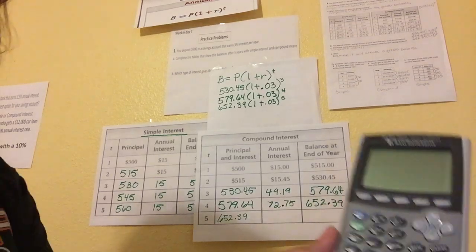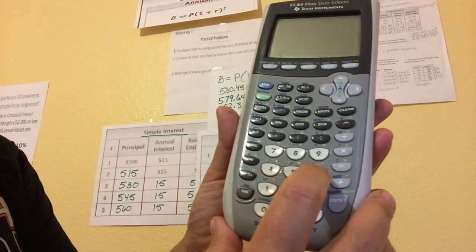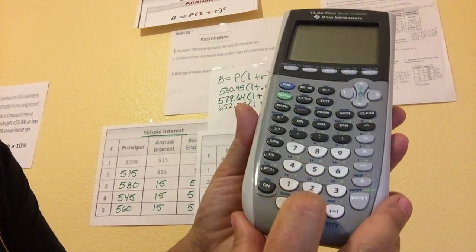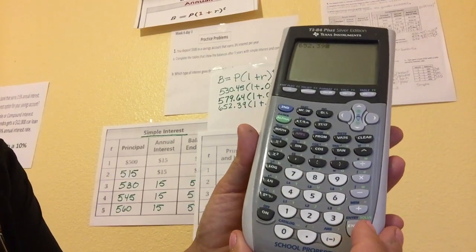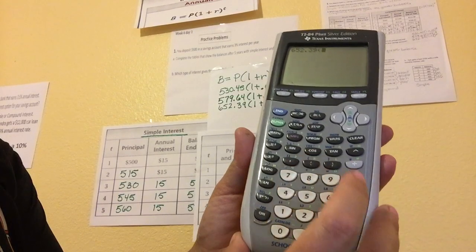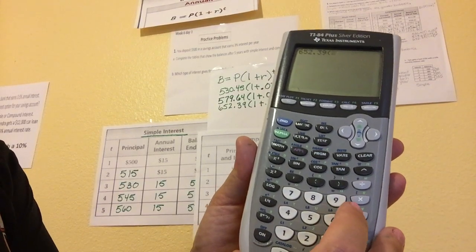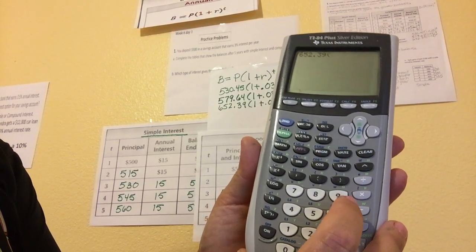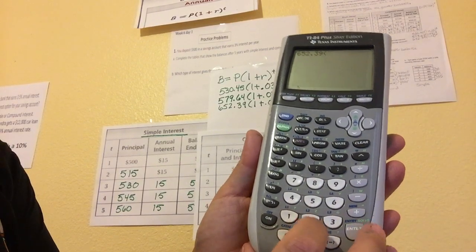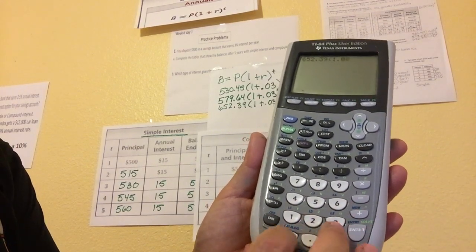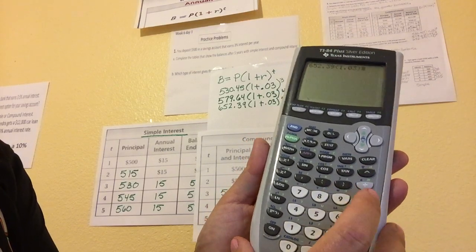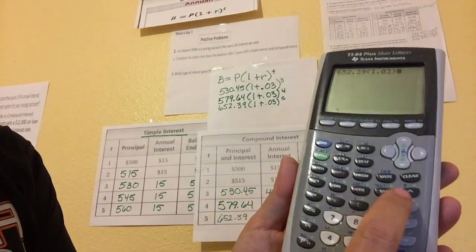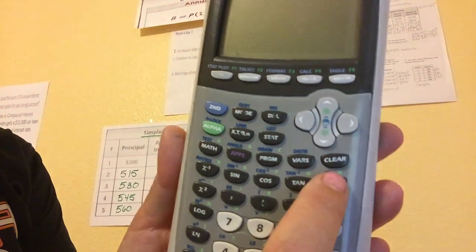So I'm going to put 652.39, then parentheses, and then it's just 1.03, because we're adding those together, and then remember this button right here.